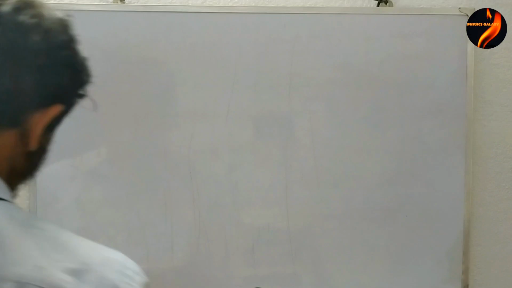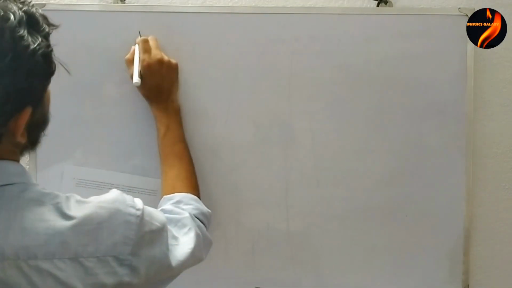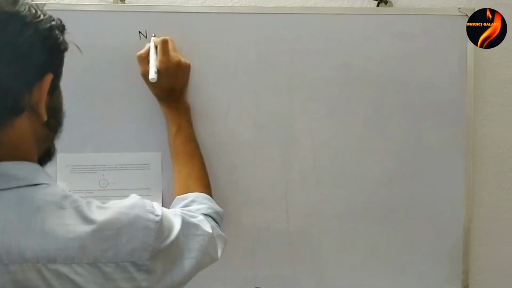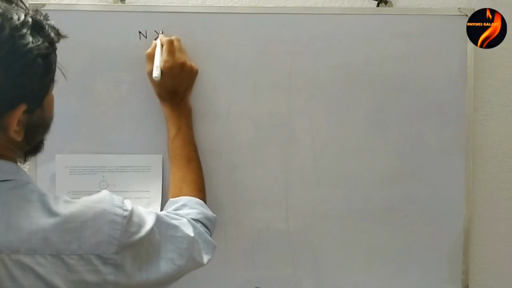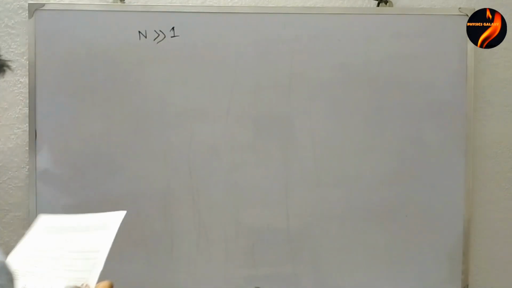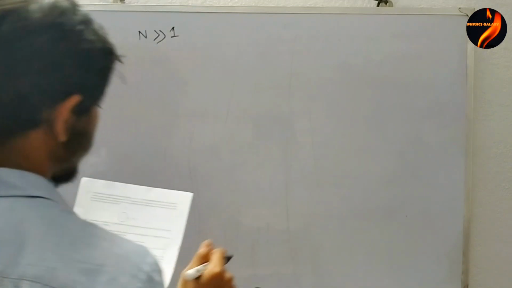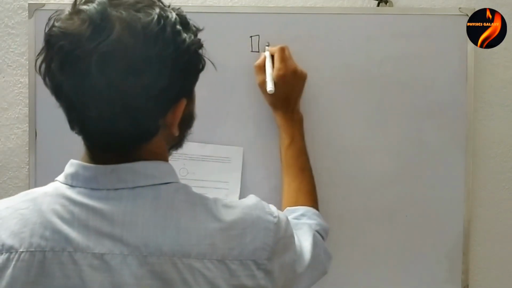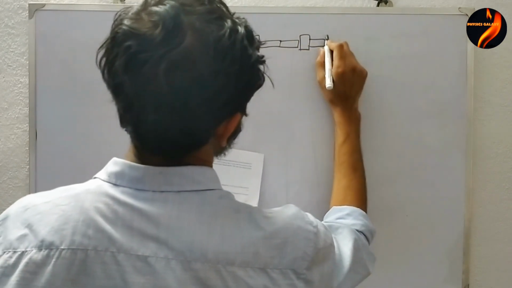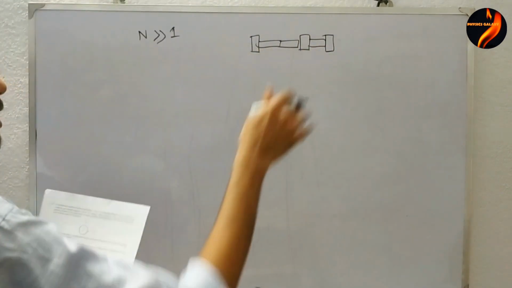Now in the next question, a one-dimensional chain has N chain segments, which is a large number, much greater than 1, as shown in the figure. The figure is something like this, where one is vertical and another is horizontal.